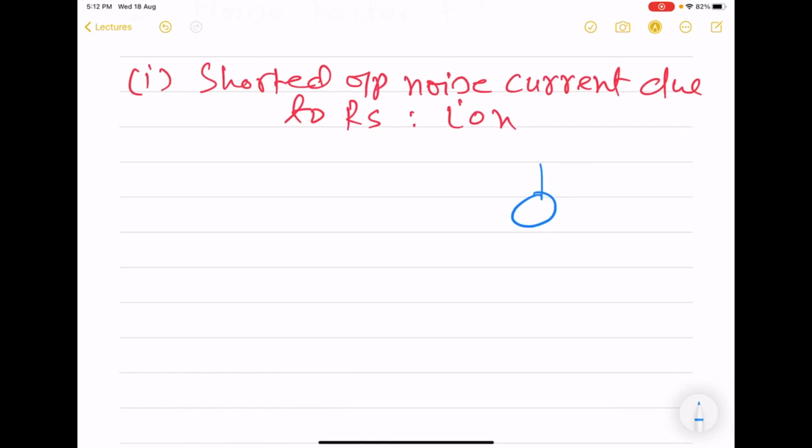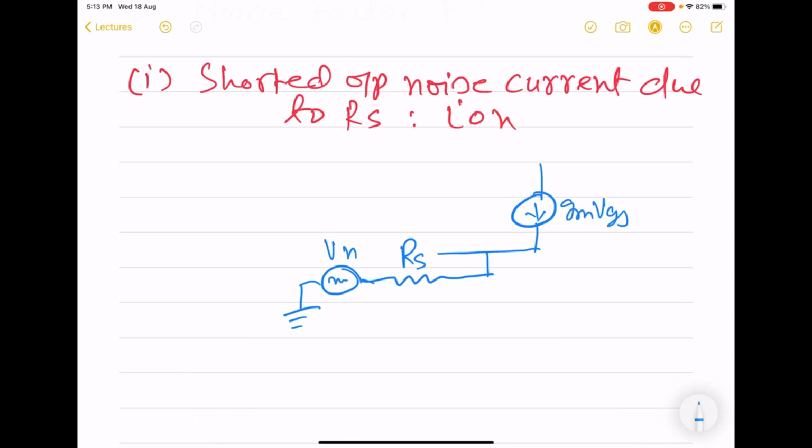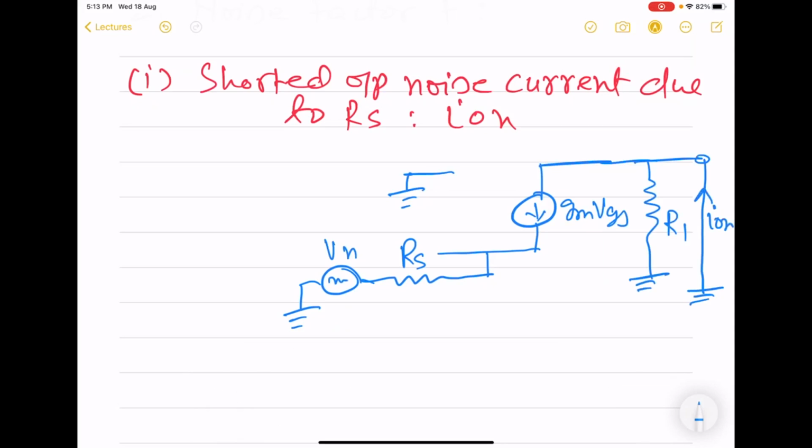So let us first draw the circuit containing only the noise source due to the Rs. So this is the current we are looking for, IoN.